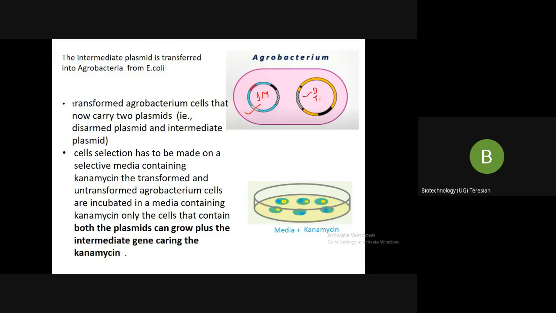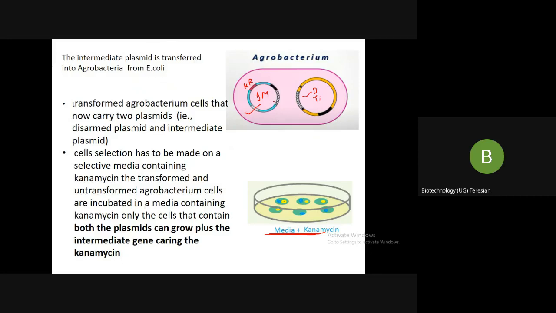What it means to tell is, after you have done with this procedure, you have to do the cell selection. How I am going to do the cell selection is by using a media, and that media should contain the antibiotic kanamycin. Already we have introduced the kanamycin resistant marker in the intermediate gene.